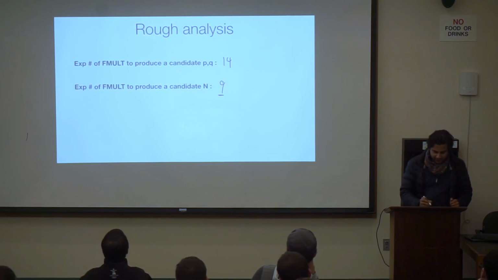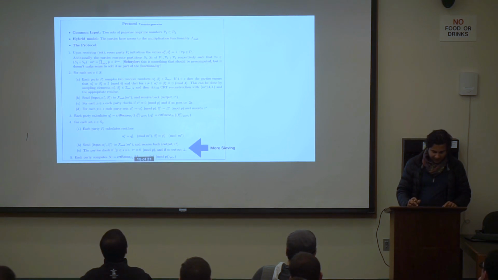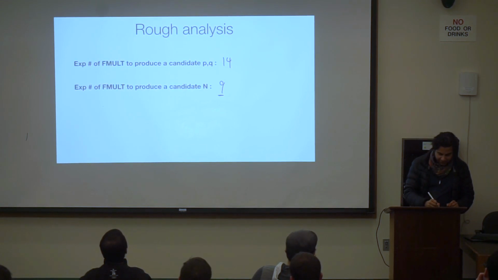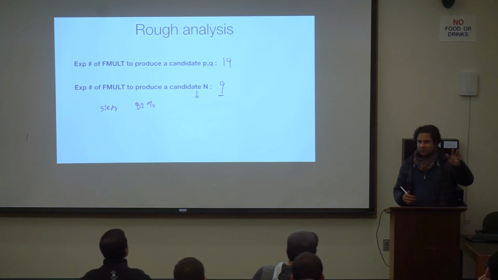And so the expected number of multiplications we needed to do to produce a candidate that is a... okay, sorry, there's one extra step right here. After we do this sieving, there's an 82% chance that the number is a prime, and so this second set of sieving, of course, gets rid of a few candidates.